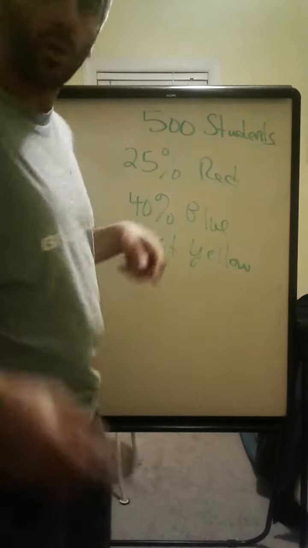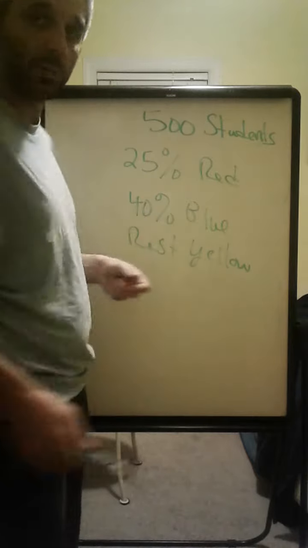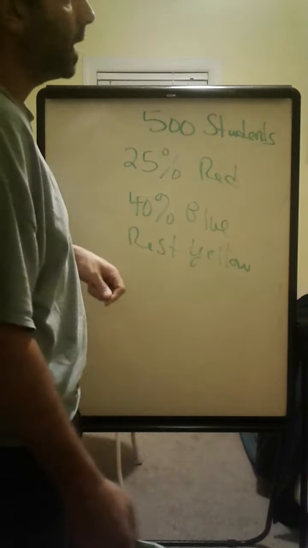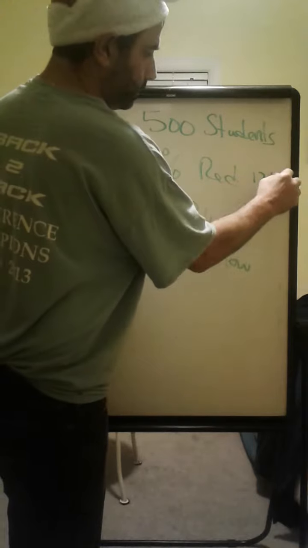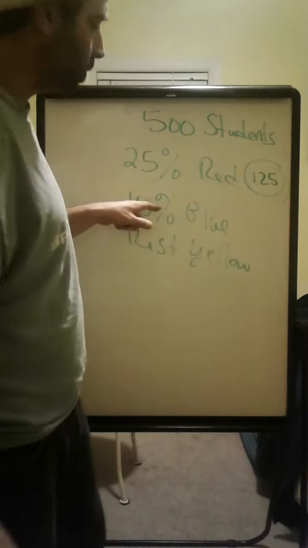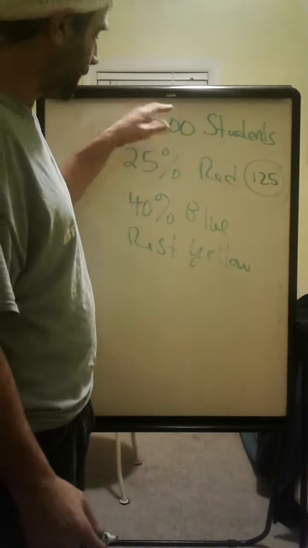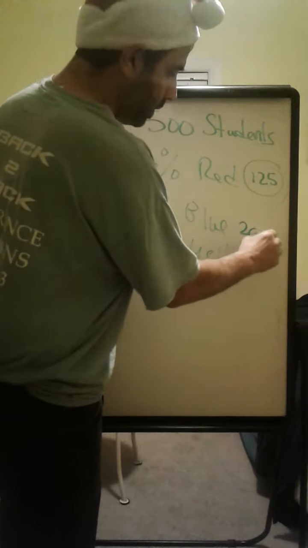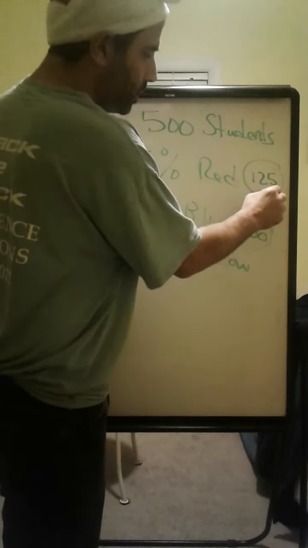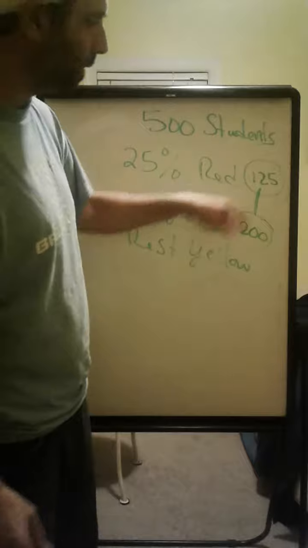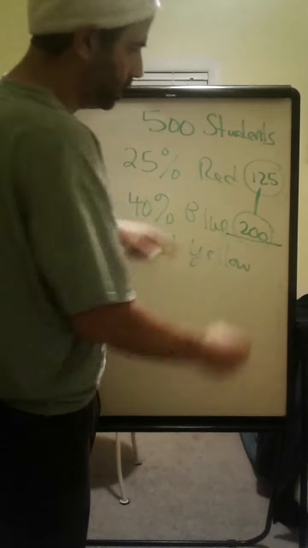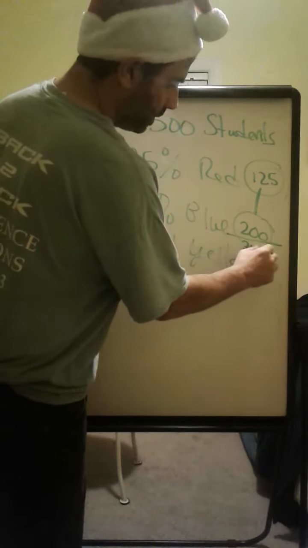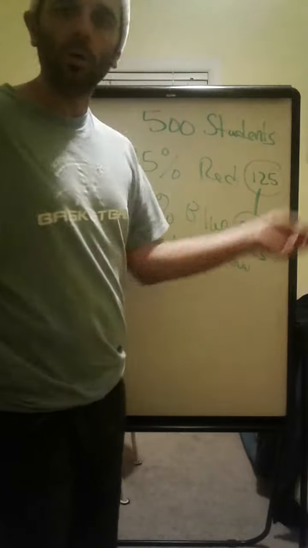Okay? So we would have to do 25% times 500. That would get you 125. We would do 40% times 500, and that would get you 200. So these two colors, blue and red, if you add those together, they take up 325. Okay? So all the rest like yellow.